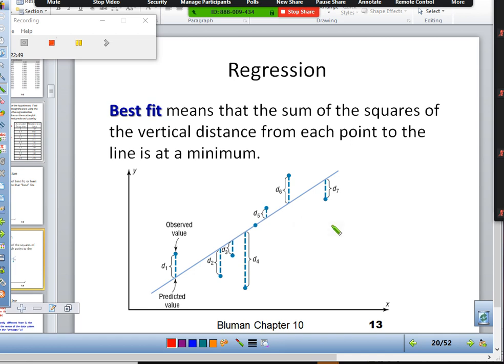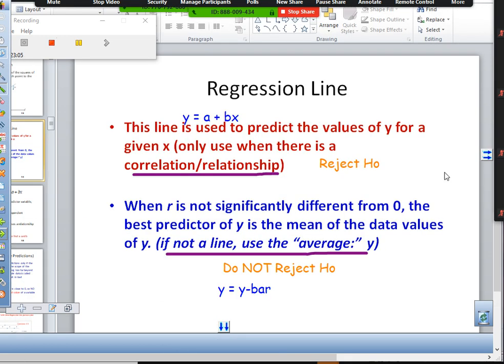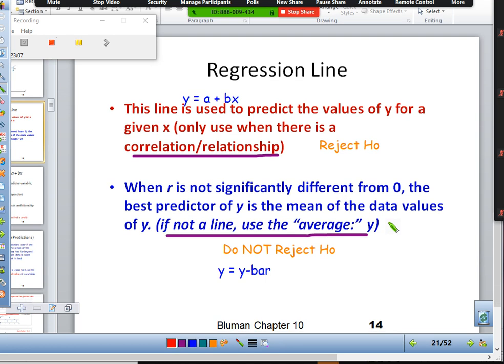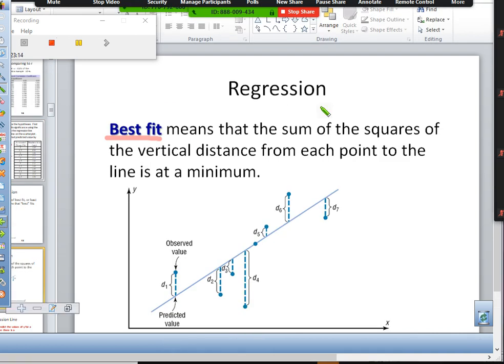We sum them. The line with the smallest sum wins. That's your line of best fit, your regression line. It used to be really hard to calculate, but now the calculator does it for you. It gives you y equals a plus bx, and it gives you the a and the b.